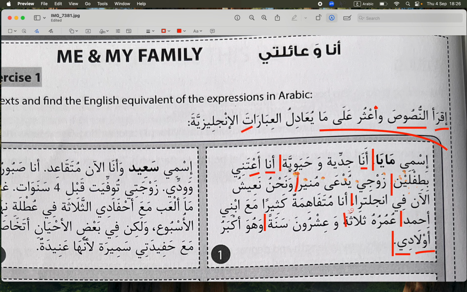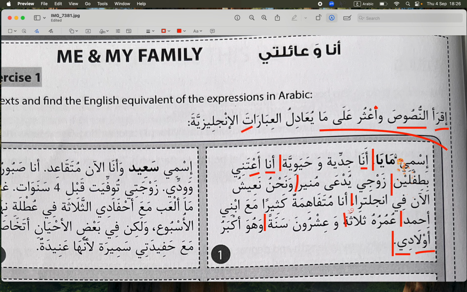Now repeat after me. Maya ta'tani, looks after بطفلين, takes care of 2 children. طفلين, not ثلاثة, not 3 children. Okay, very good.